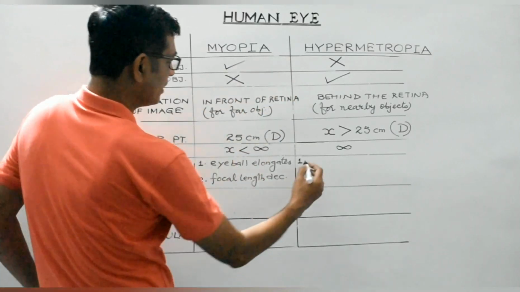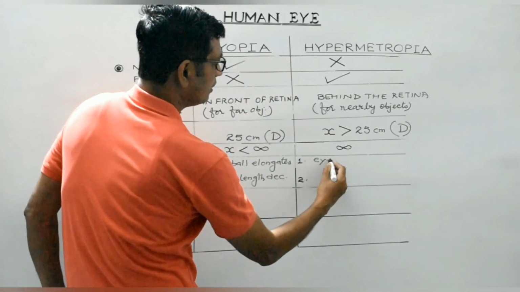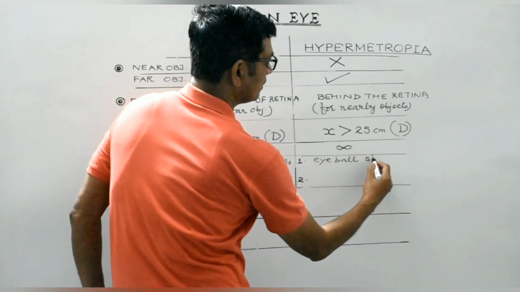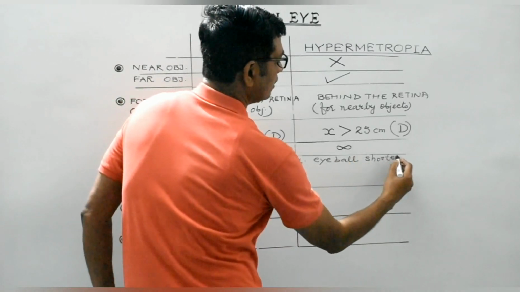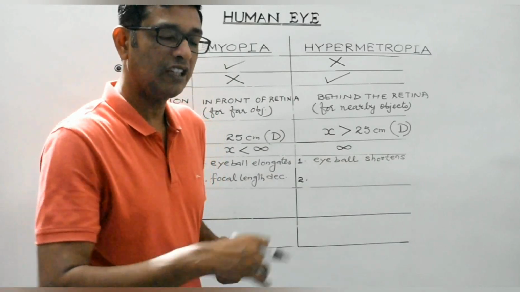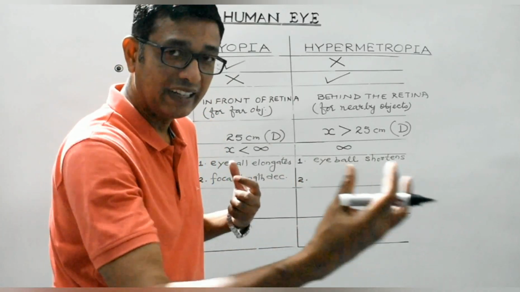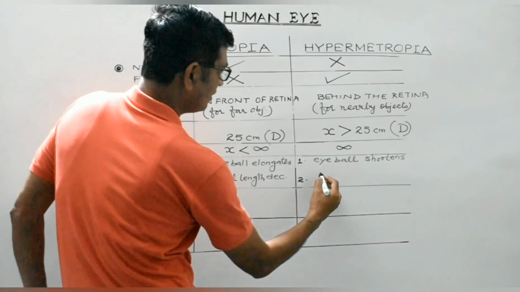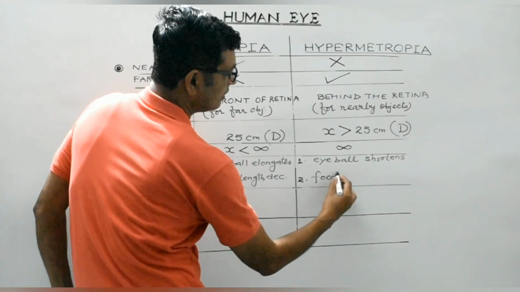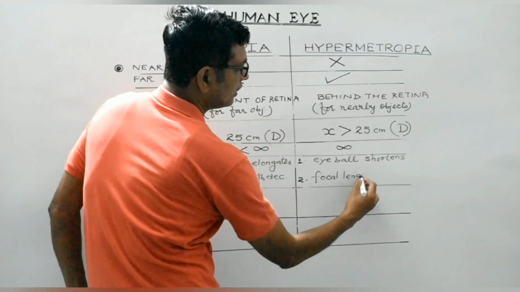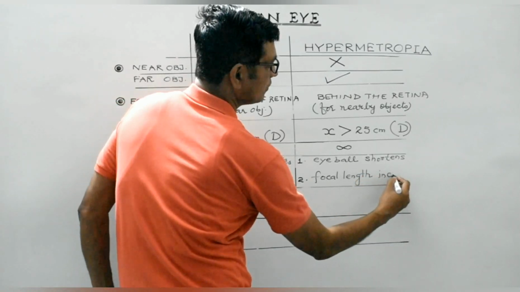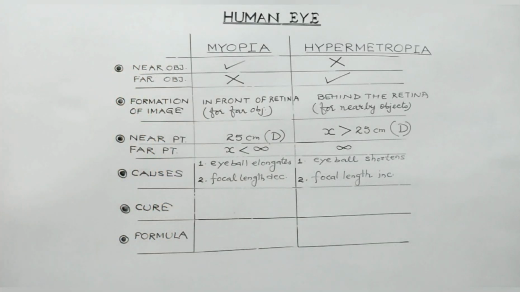In the case of hypermetropia, the eyeball shortens. It means that the distance between the eye lens and the retina is less than the actual distance. Or secondly, the focal length of the eye lens increases. Focal length of the eye lens increases, right?